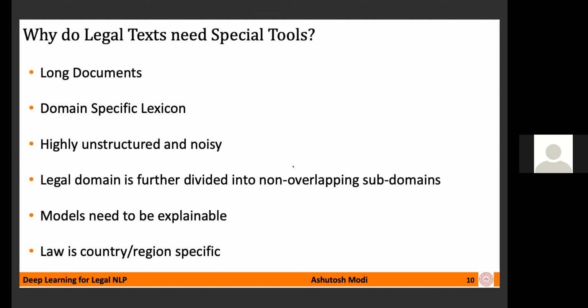We have experimented with such models, and that's what we have also observed. So these are some of the fundamental challenges with legal text, and this motivates the development of new techniques for processing legal text. Some of these techniques I'm going to outline as we go further in the talk.